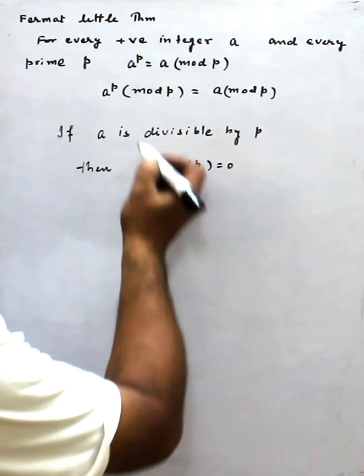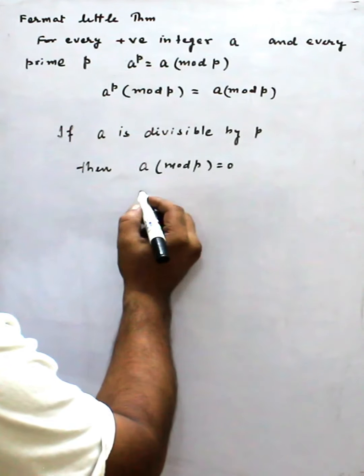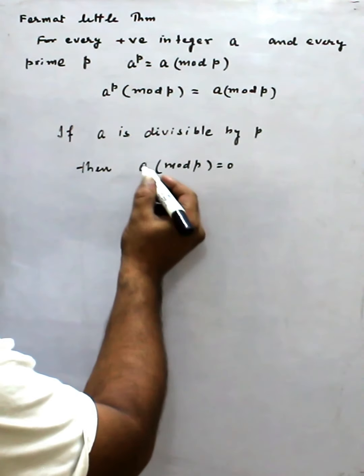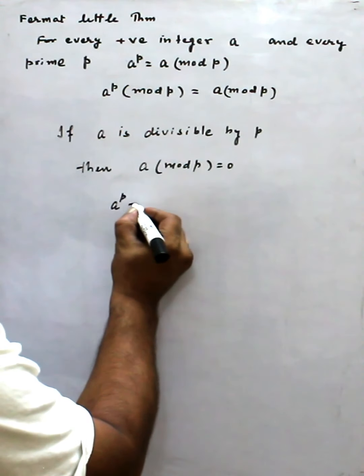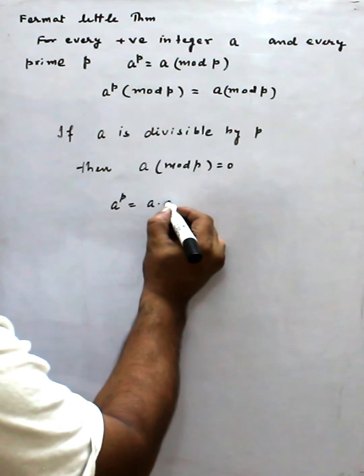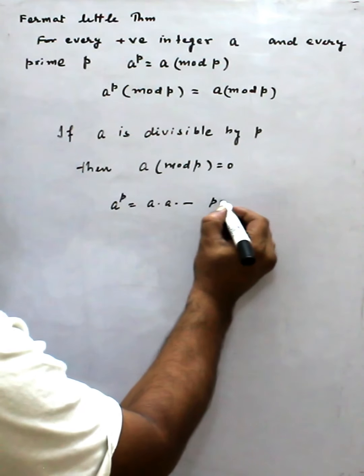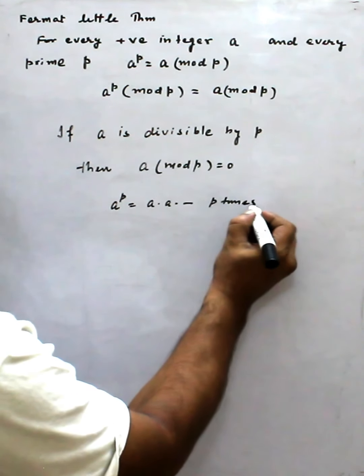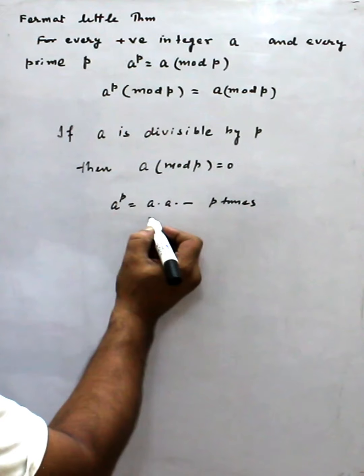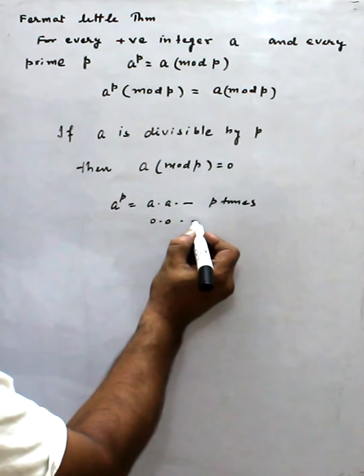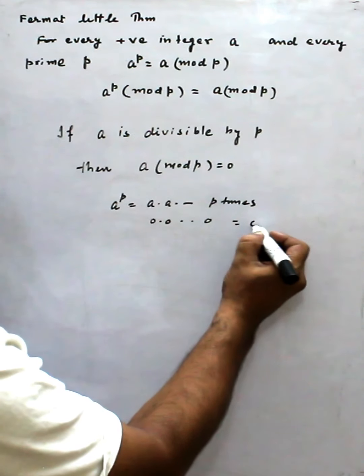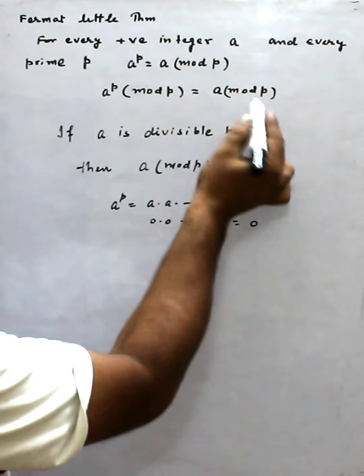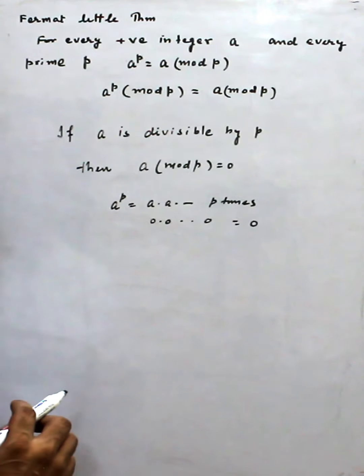Similarly, if it is a power, because a is completely divided, a^p we can write a multiplied p times. So each a is divided, so 0, 0, 0, we get 0, p times, and this is finally 0, that means left side and right side are equal.